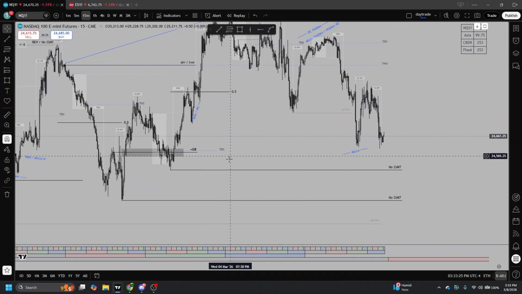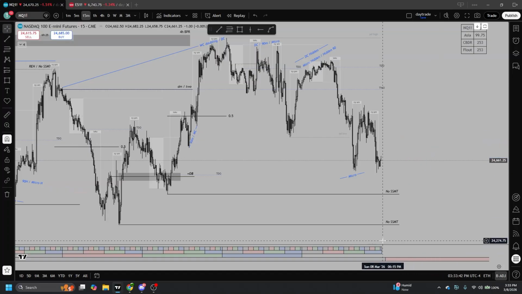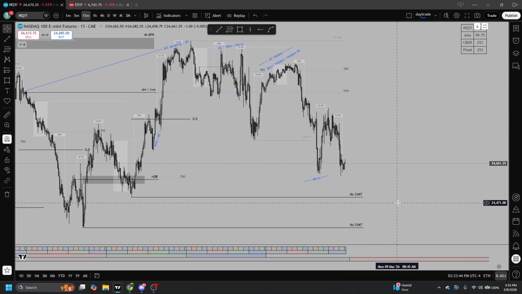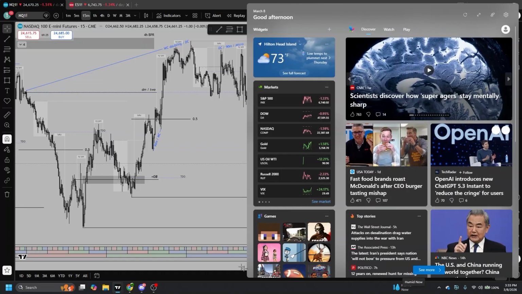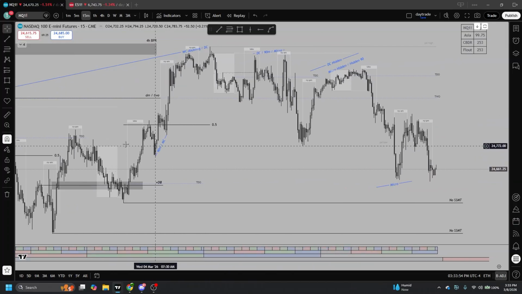Now, what is the obvious reason that we reverse again with no sequential SMT? Well, we're just creating engineered liquidity. Obviously, it's not very engineered because it's not close, or it's not relatively equal. But within this volatility, it's pretty much going to probably be taken in one fell swoop. Anyways, we do that under true day open, then we reverse and draw higher in London with this huge distribution range.